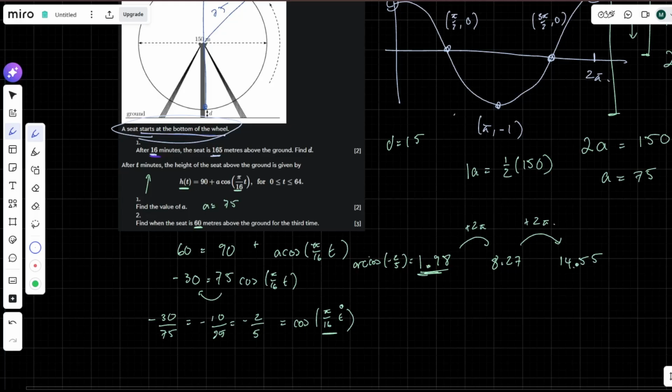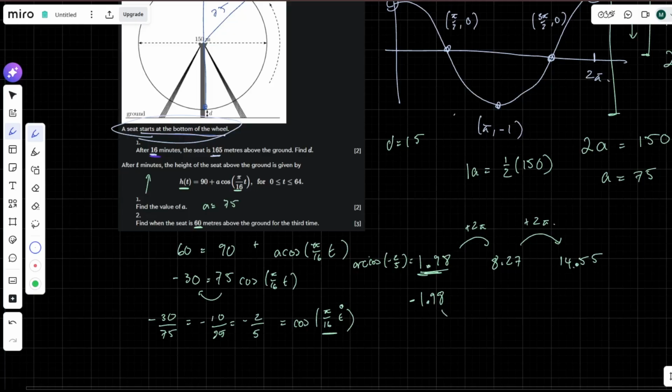The thing we have to be careful of here is that our answer is not the 14.55 value. For sine and cosine, in addition to being able to add 2 pi, our period, to get other values, we have an alternative solution that will also repeat every 360 degrees. For cosine, that is the negative version of our answer. So that is negative 1.98.